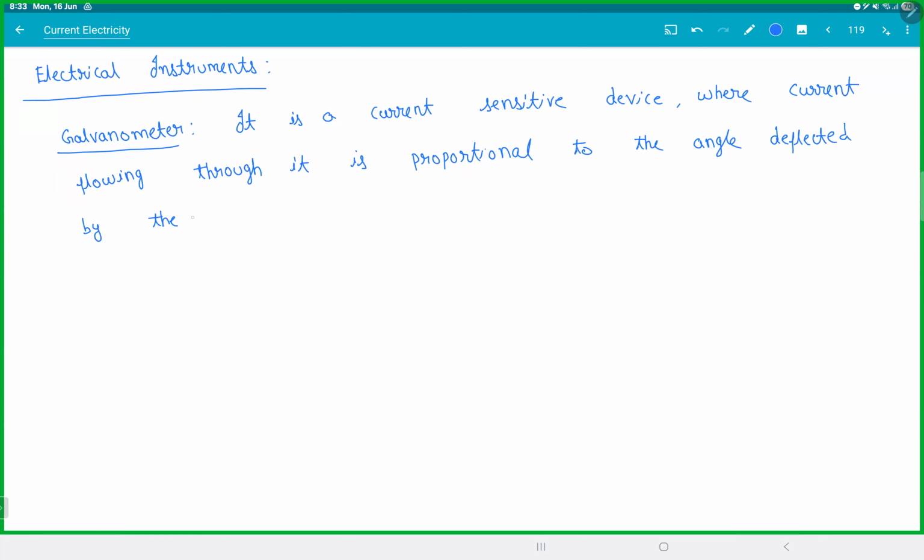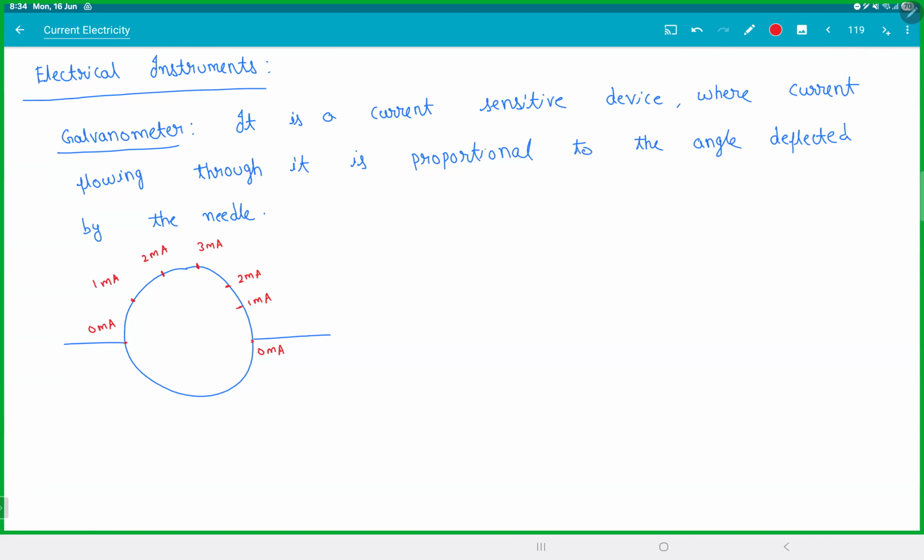So one thing is clear. Somehow the current is proportional to the angle theta. So what happens is, if you see a galvanometer, we have readings like, let's say, 0 milliampere, 1 milliampere, 2 milliampere, 3 milliampere, again 2 milliampere, again 1 milliampere.